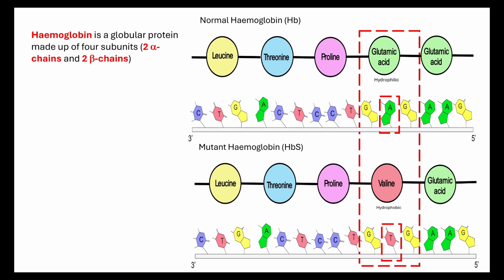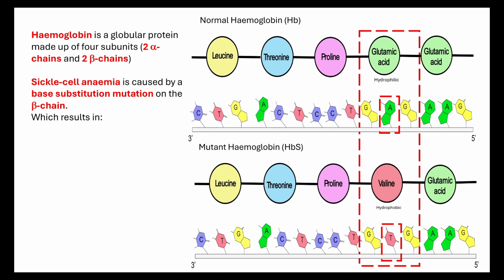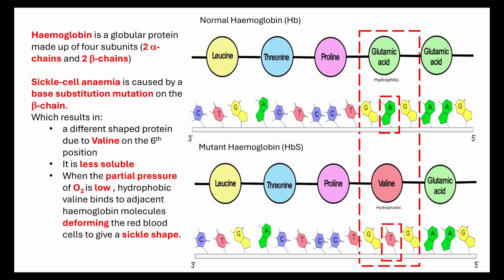So we know that hemoglobin is this globular protein made up of 4 subunits. Therefore, we know its quaternary structure, 2 alpha chains, 2 beta chains. We know that the sickle cell anemia is actually caused by this base substitution mutation on the beta chain, which results in that different shaped protein due to the valine on the 6th position. The hemoglobin is now less soluble.